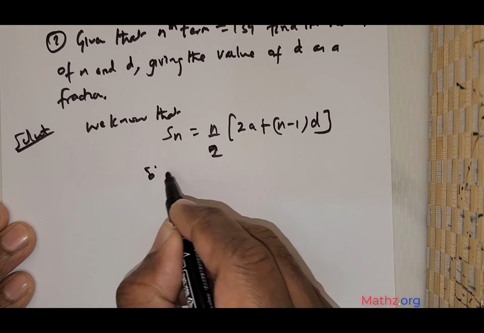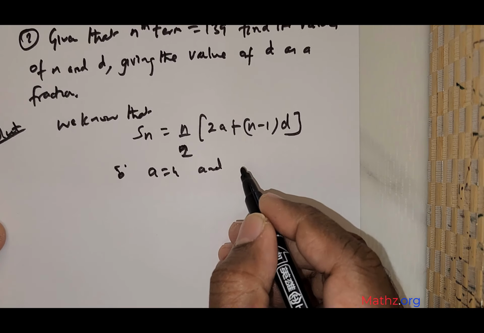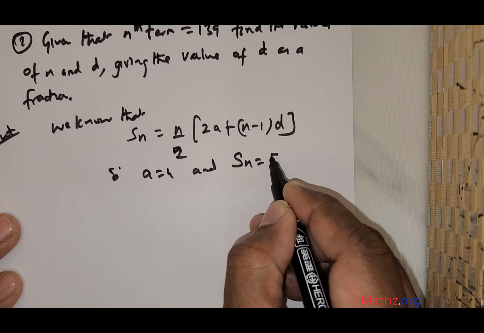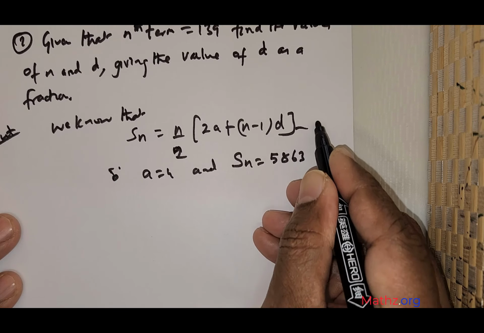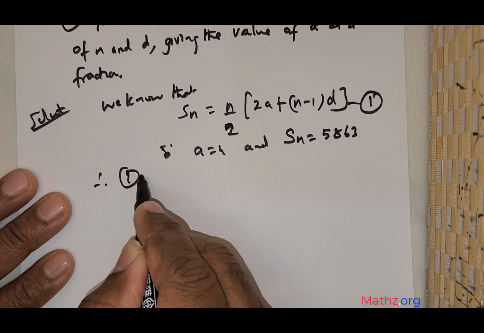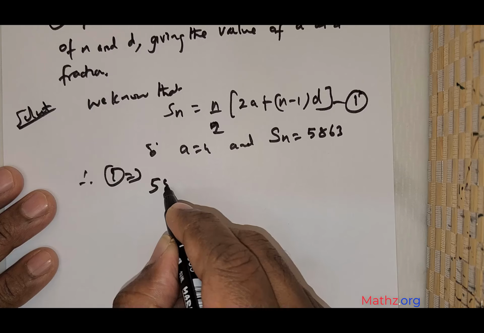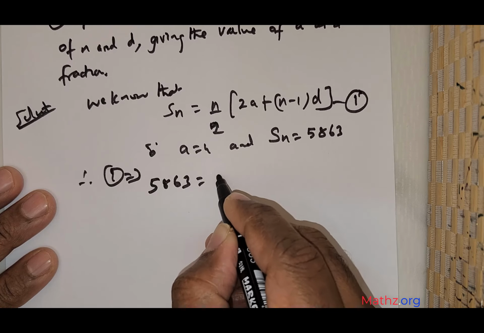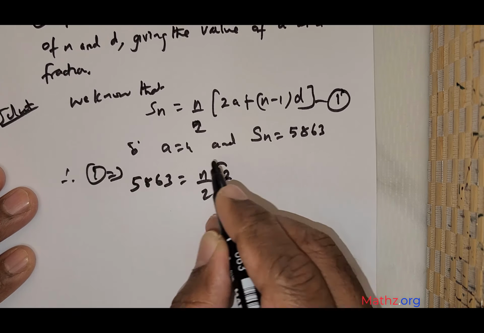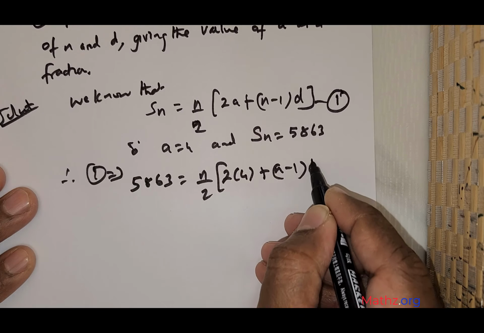Now since the first term a is equal to 4 and Sn is equal to 5863, if I take this as sum 1, it can be rewritten as 5863 is equal to n over 2 of (8 plus (n minus 1) times D).